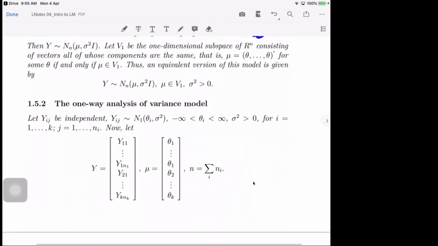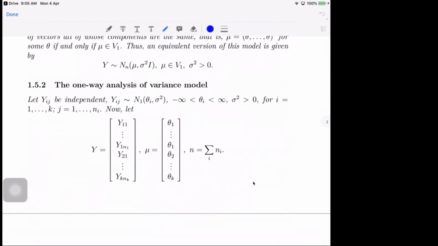Another is the one-way analysis of variance. In one-way analysis of variance, what we are doing here is we are trying to see if different treatments will be different.